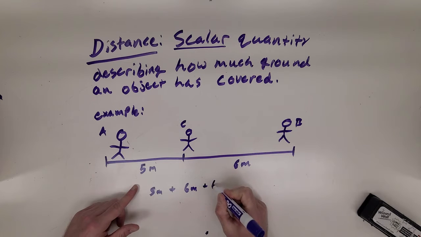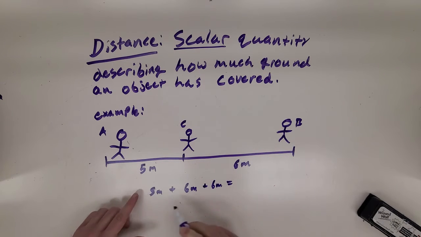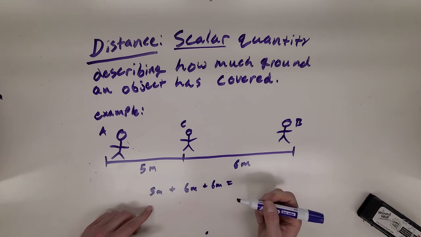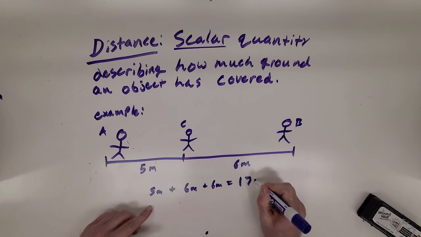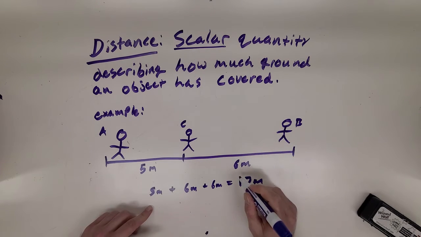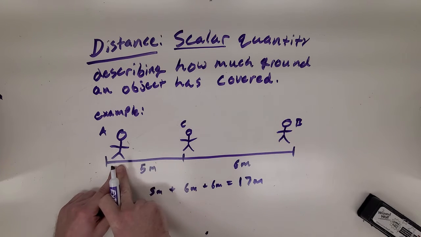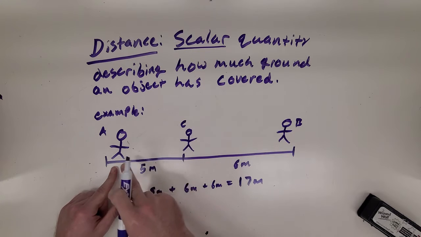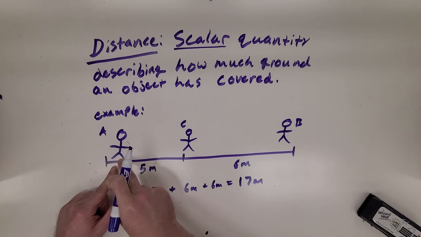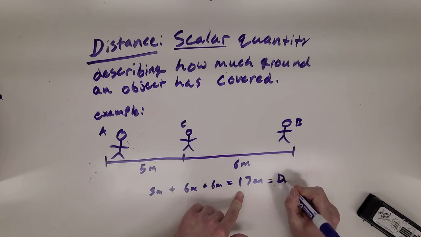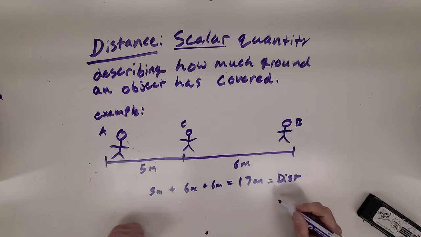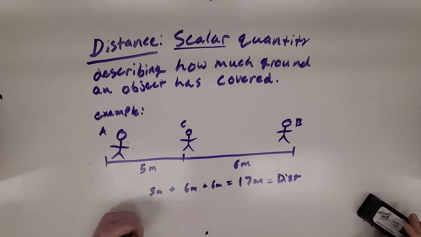So we'll go plus 6 meters again, and that's 5 plus 6, 11 plus 6 more is 17. Hope that's right. Mental math. So this person started here and ended here, and in the process of this person's movement covered a distance of 17 meters.